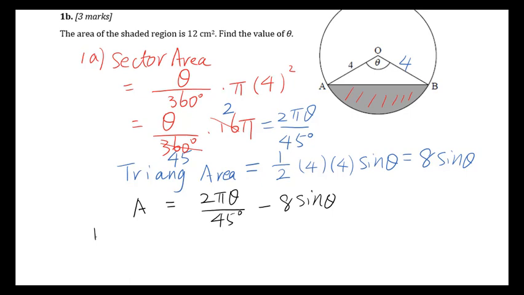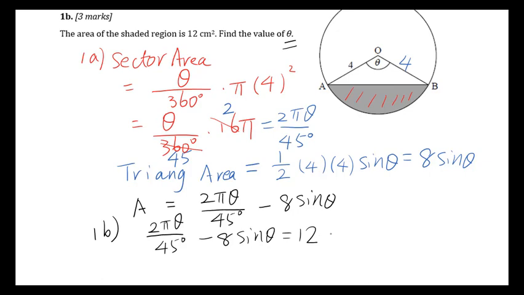For 1B, the area of the shaded region is 12 centimeters squared. Find the value of theta. So we will set up 2 pi theta over 45 degrees minus 8 sine theta equals 12. I will show you how to use the graphing calculator to get the answer.